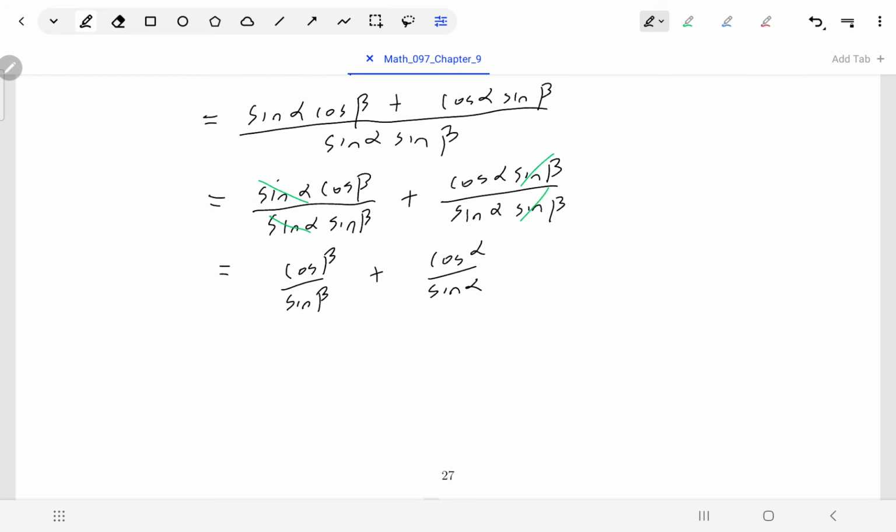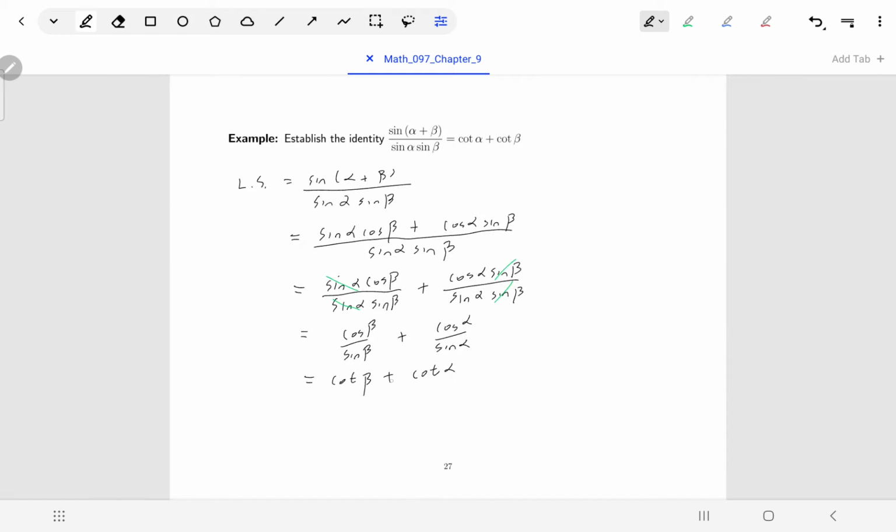And I can see what I have here: cosine over sine is cotangent. So what I really have here is cotangent of beta, and cosine of alpha over sine of alpha is cotangent of alpha. Cotangent beta plus cotangent alpha is equivalent to the right side. So there we go. Left side and right side are indeed equal, and we are finished.